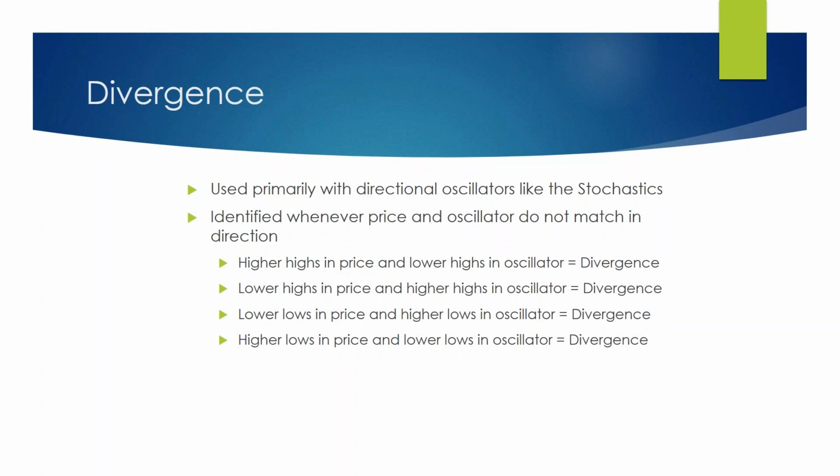If you are seeing lower highs in price but higher highs in the oscillator, it is divergence. If you are seeing lower lows in price and higher lows in the oscillator, you have divergence. If you have higher lows in price but lower lows on the stochastics, you have divergence.